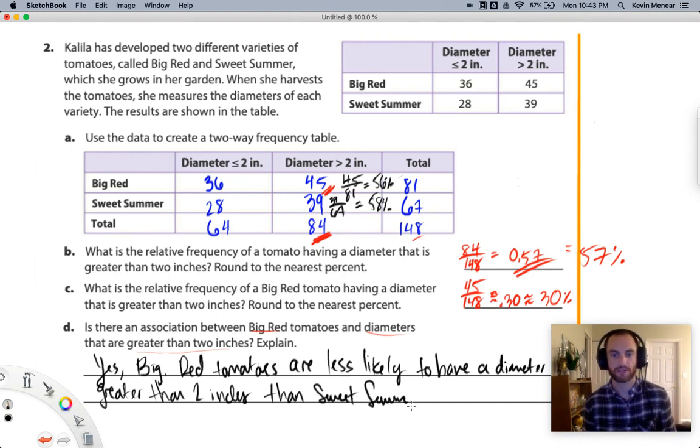The grammar is questionable in this sentence, sorry, but I think it's pretty clear.